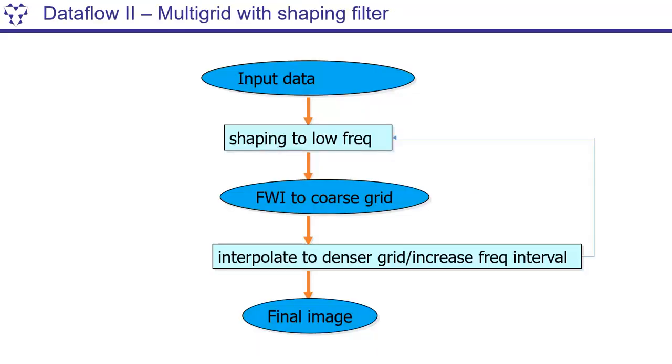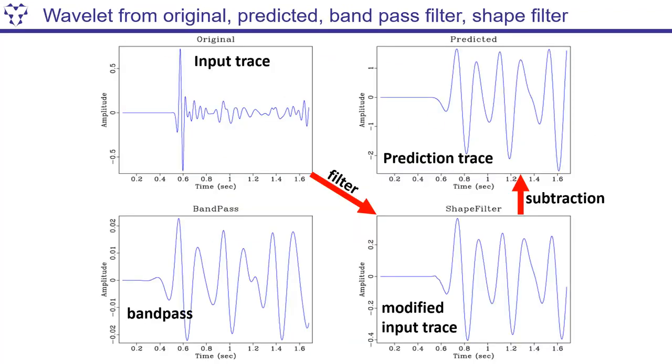So this tells us that we have to be very careful about how we change the frequency of the data. One way that I am doing this in this work is applying a shaping filter to change the frequency of the input data to the frequency of the predictions. Now notice that this matching filter is not applied to the predicted data to match the observed data, because that wouldn't work: it means we would have to predict frequencies we don't have.